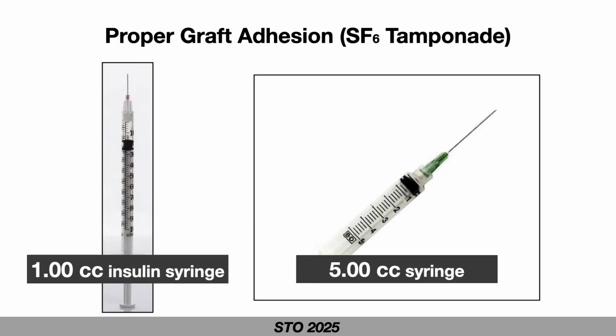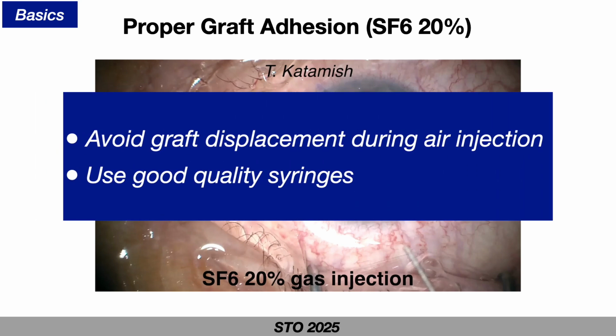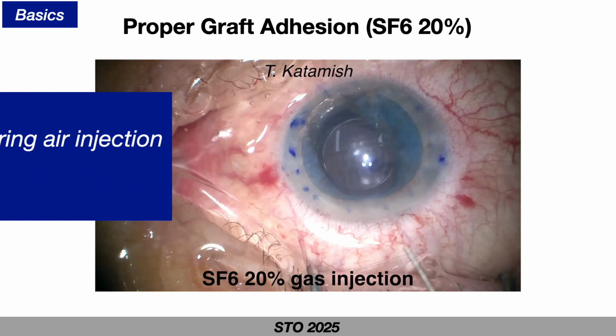For proper air tamponade, I usually use 2 syringes, a 1 cc insulin syringe and a 5 cc insulin syringe. So the basics for proper graft adhesion: avoid displacement during air injection, and you have to use good quality syringes.